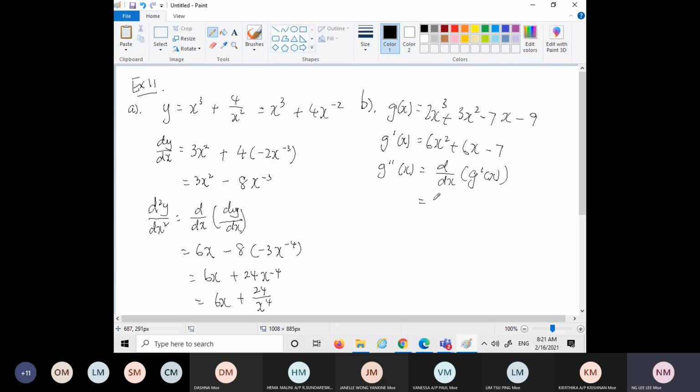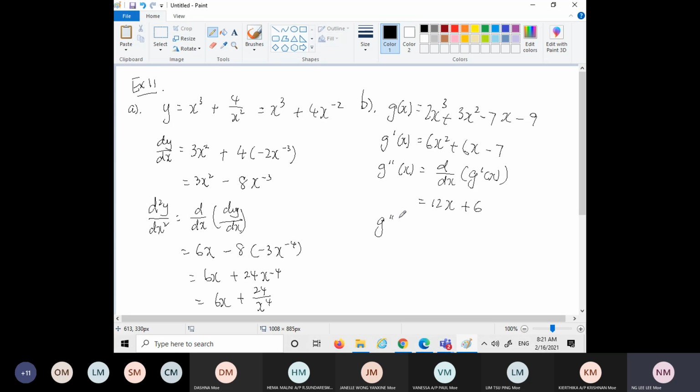So 6 times 2, 12. The power 2 minus 1 is 1, no need to write. Differentiate 6x, you get 6. Differentiate negative 7, you get 0. So this is your answer, and then you can continue to find the following.